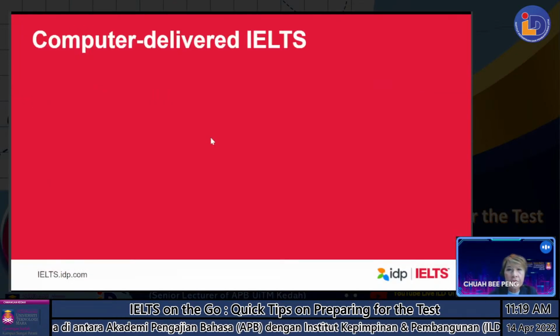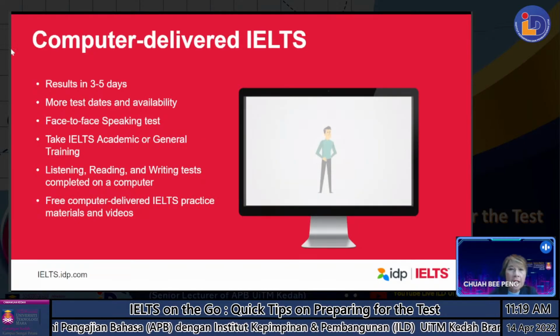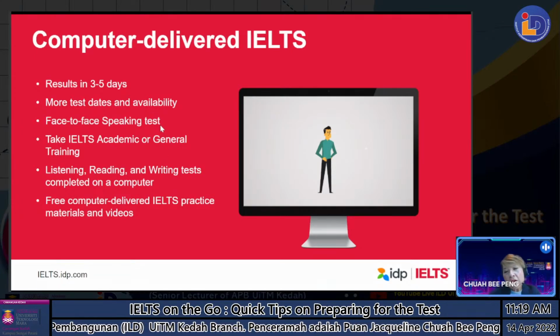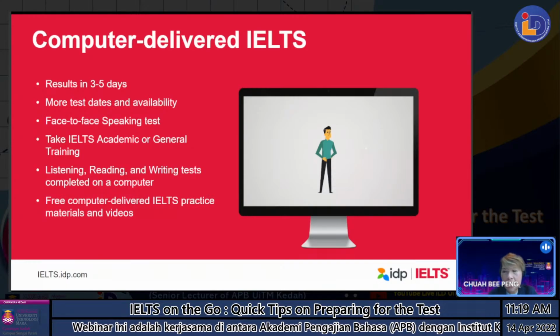All right, I'm going to just skip this. And now you also have the computer delivered IELTS. So if you're more comfortable taking the test on the screen rather than paper-based, you can request the computer delivered IELTS. They have it in Subang. They also have it in Penang.